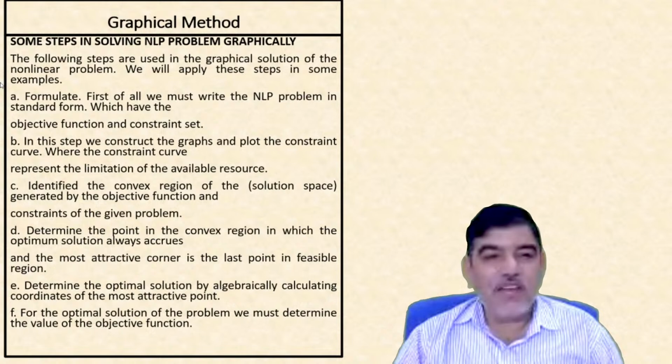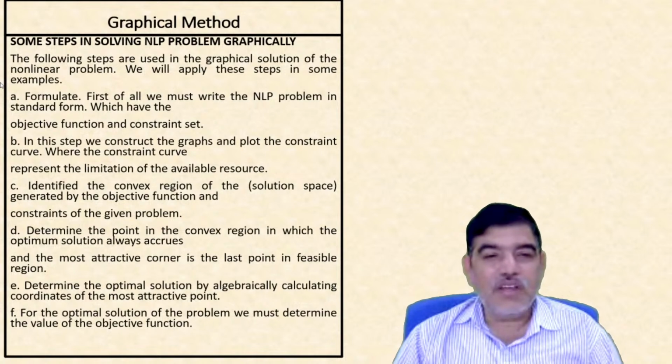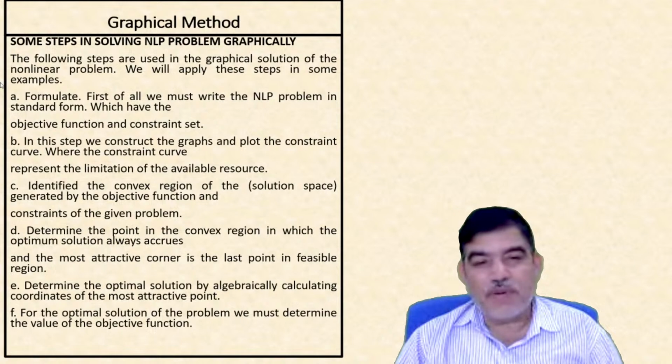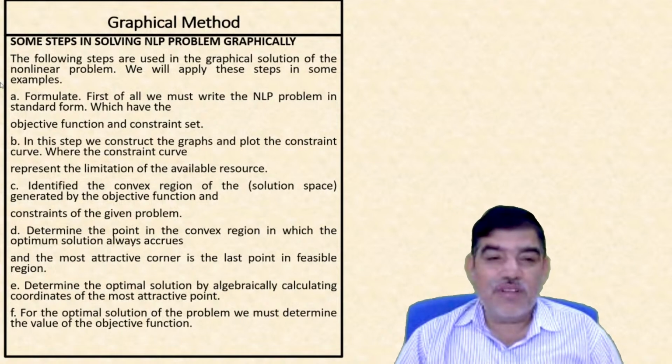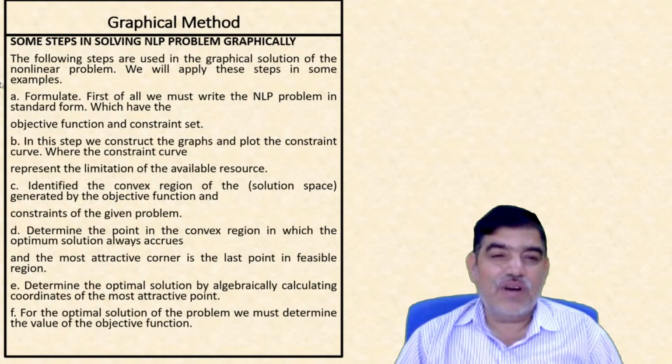Similarly, in the nonlinear programming problem, we also plot the points on the graph paper and draw the graphs. The graphs may be linear or curved, because a nonlinear programming problem having degree more than 1 means it is a nonlinear equation.